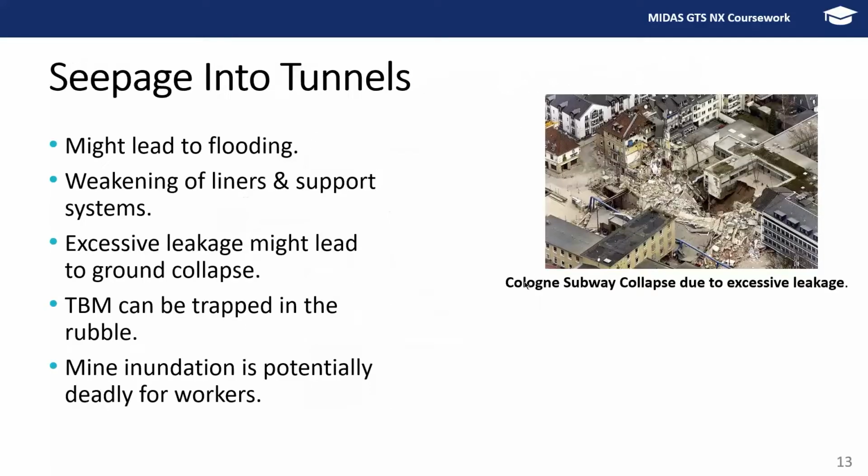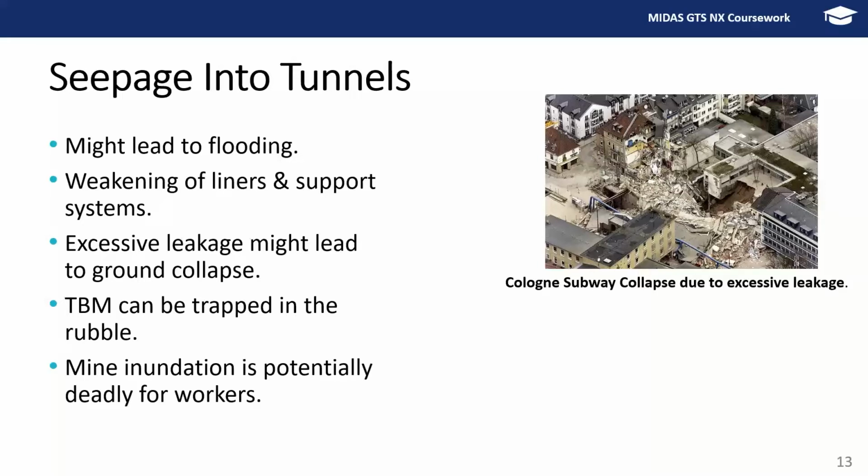So that brings us to the main agenda of why seepage needs to be studied properly, because seepage might lead to flooding if the seepage is unchecked and it has not been planned properly. Flooding of the tunnel is a potentially deadly incident. It can also lead to weakening of the liners and the support systems, and sometimes can lead to even collapse too.